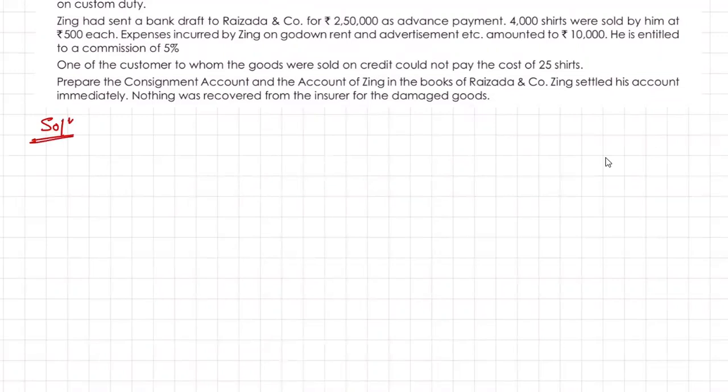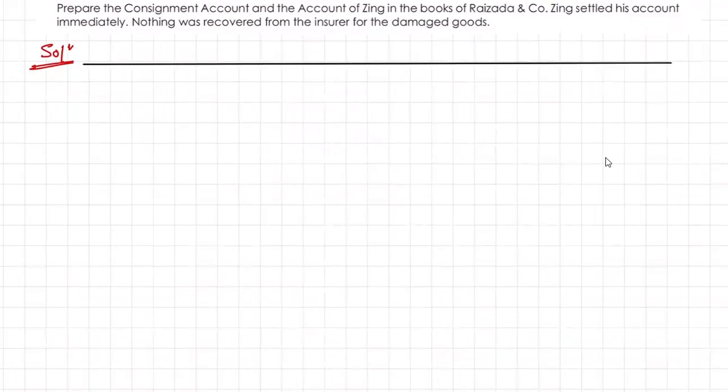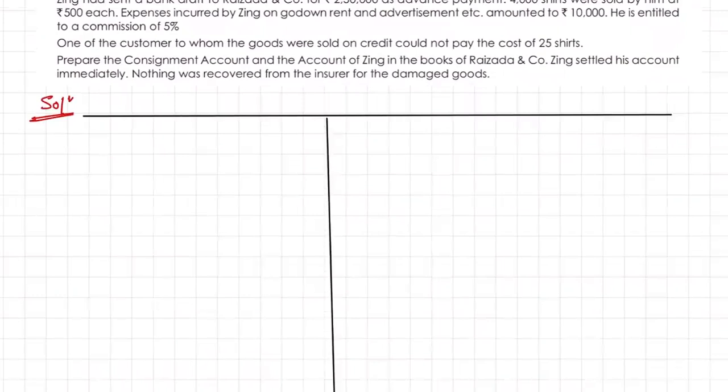So consignment account is required. Let's make a T-shape account. It is in the books of the consignor, correct?